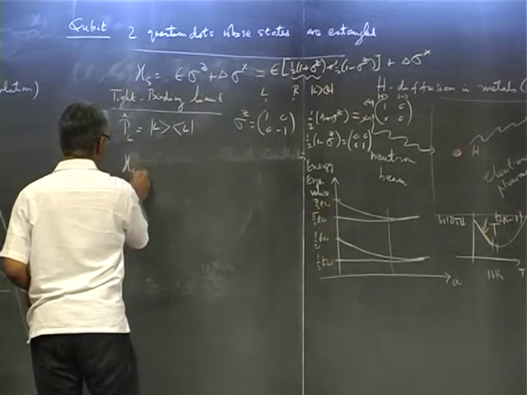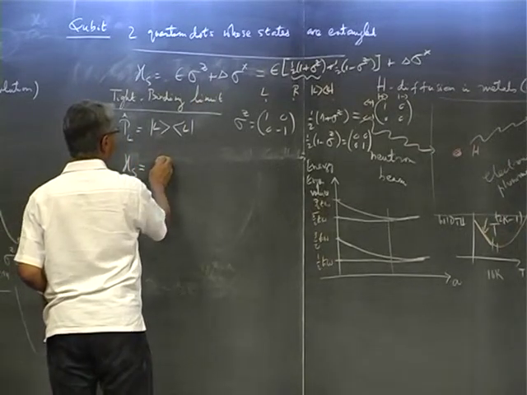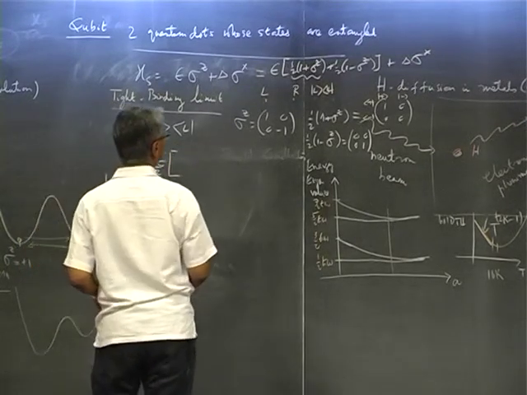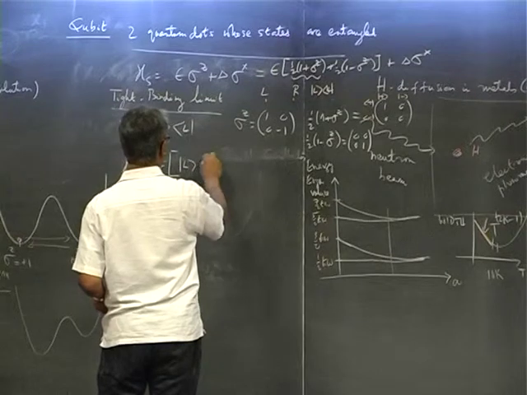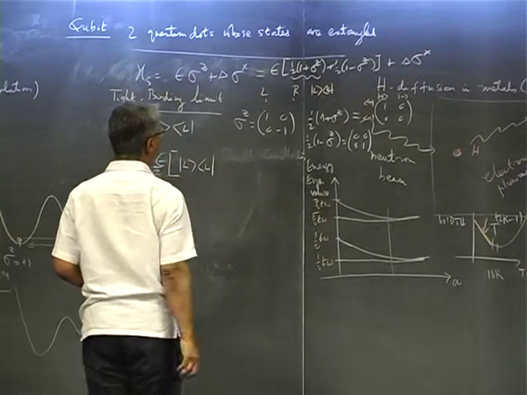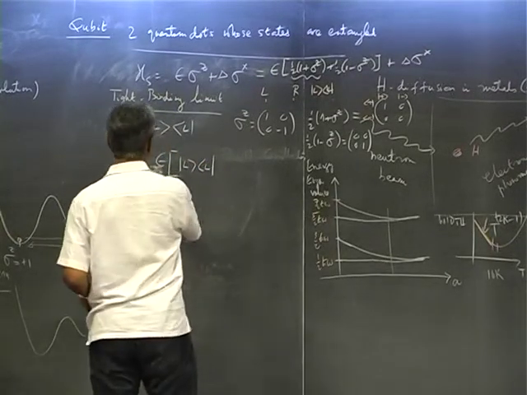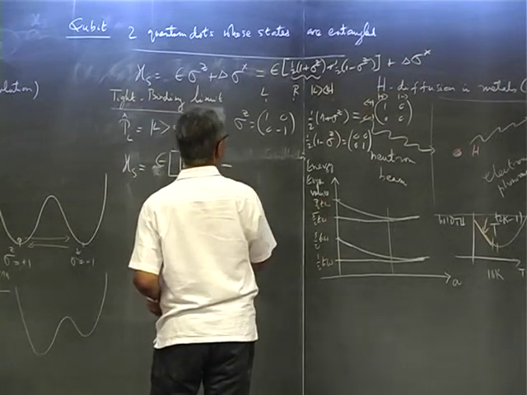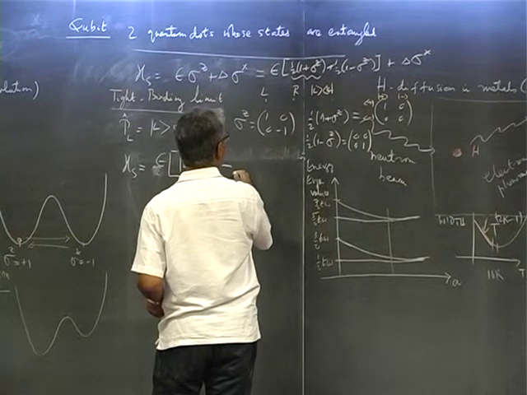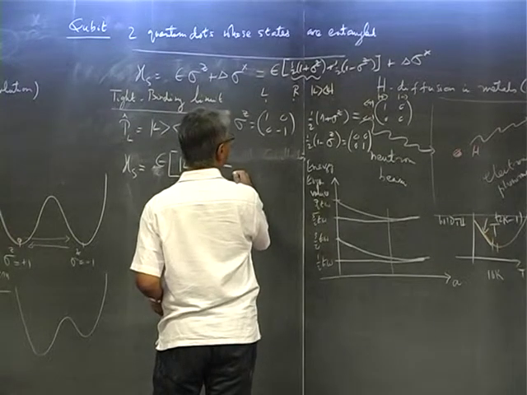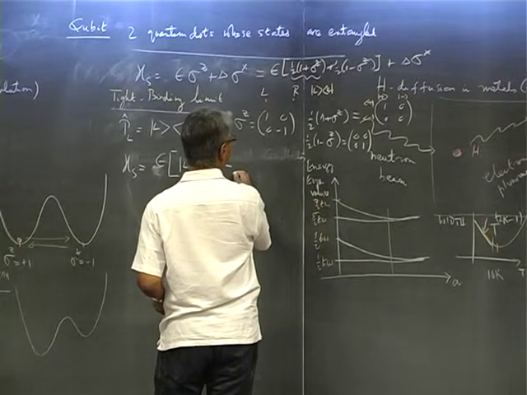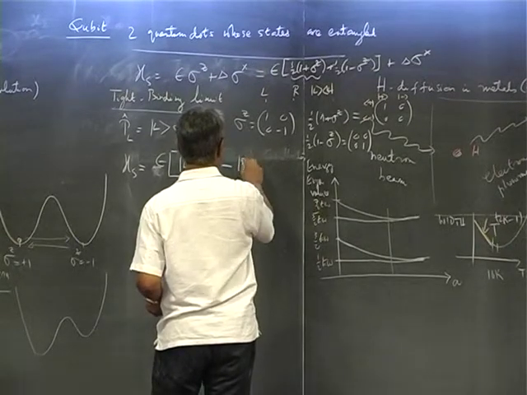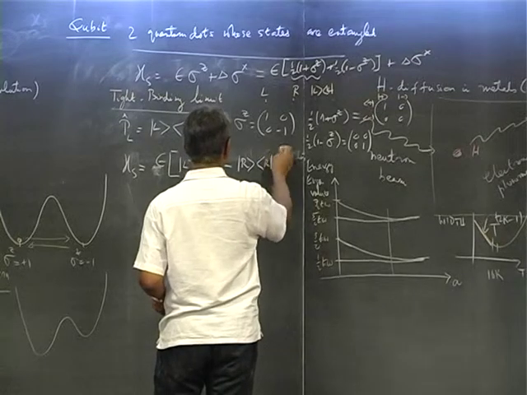So H_S, I can write it as epsilon, not 2, I don't need the 2 because the half goes into the definition of that, minus, because I need half times (1 minus sigma z), the right state.